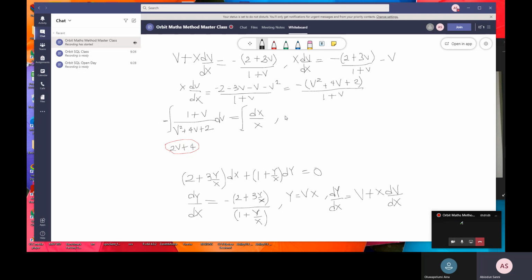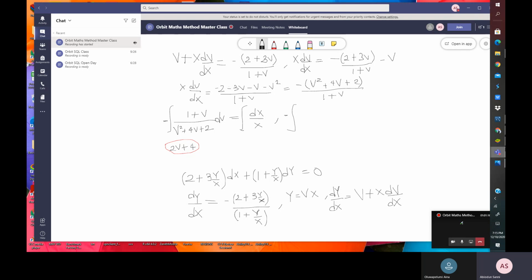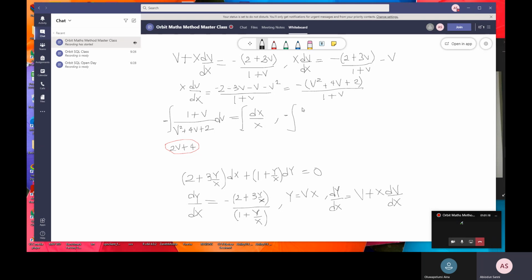So I want to write 1 plus v to look like this. It means I want to do some manipulations there. I don't want to do some kind of long method of doing that. So I'm going to explain the long method, maybe not today. So if I multiply the numerator by 2, what do I have? I have 2v plus 2, right?